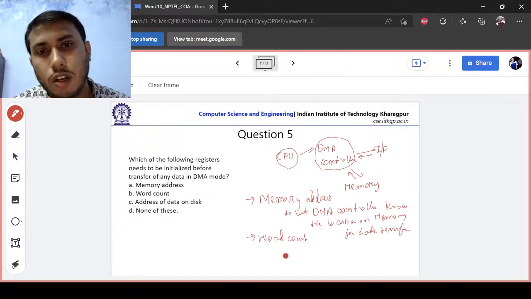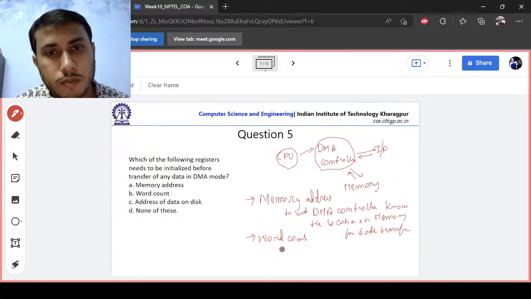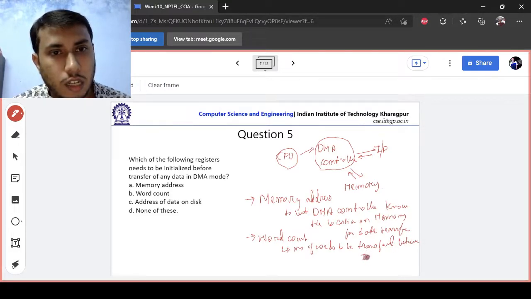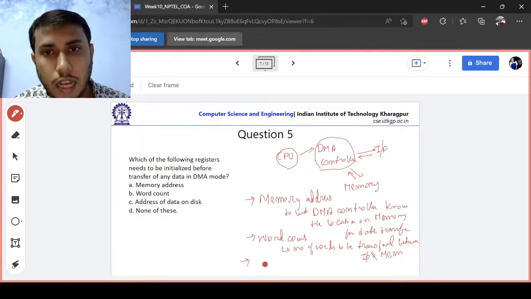So this also has to be initialized by the CPU, so that the DMA controller knows the number of words to be transferred between IO and memory. The last one is address of data on the disk.